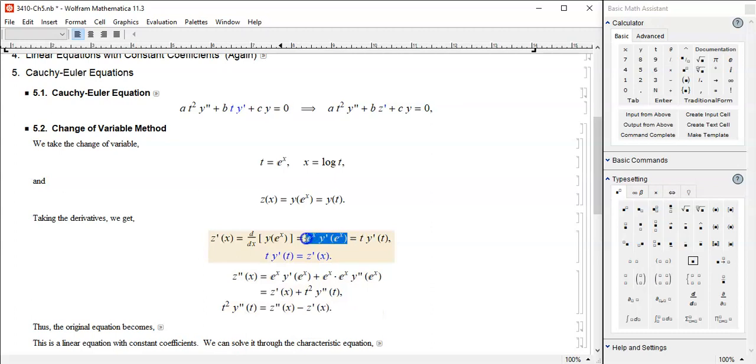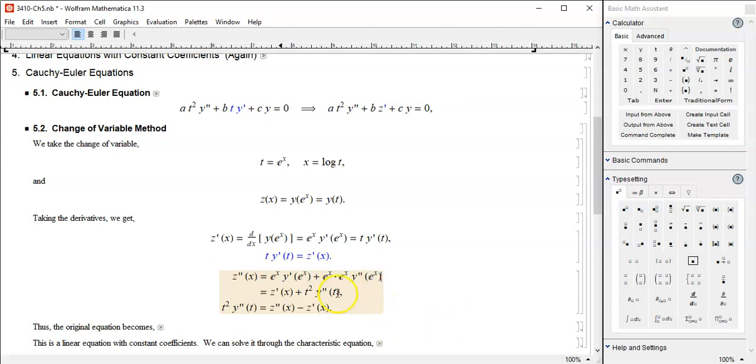So exactly the same thing is repeated, plus the first function staying the same, times the derivative of the second function. How does that work? Using the chain rule, the derivative of y prime becomes y double prime, with the inside e to the x staying the same, and by the chain rule, we multiply by the derivative of the inside, that's e to the x.